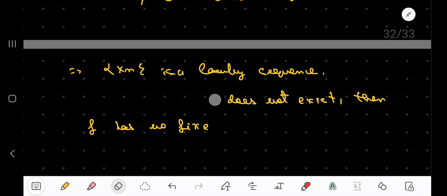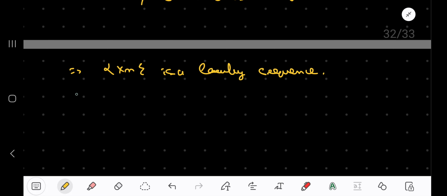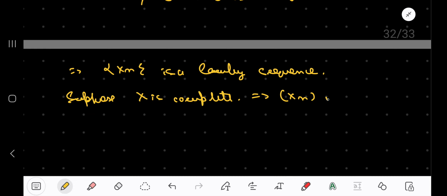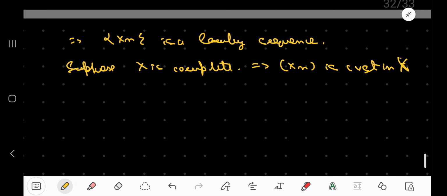Now suppose X is non-empty, which we have already assumed because we have chosen a sequence from X. Suppose X is complete. This implies x_n is convergent in capital X. So let the limit of x_n as n tends to infinity be x.